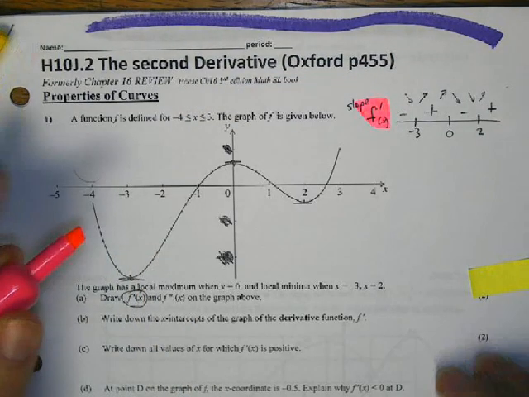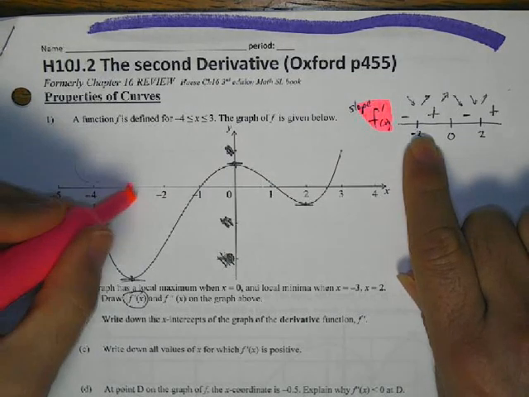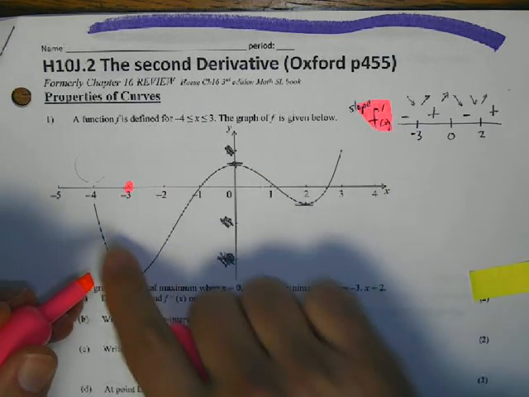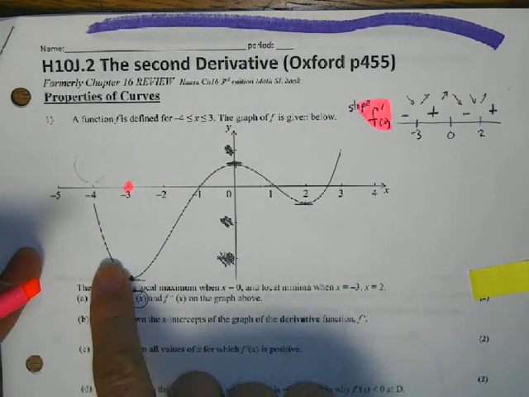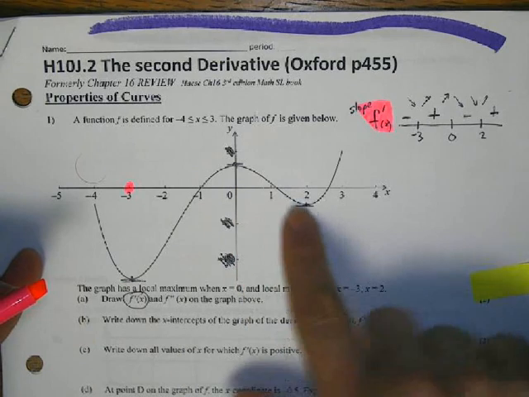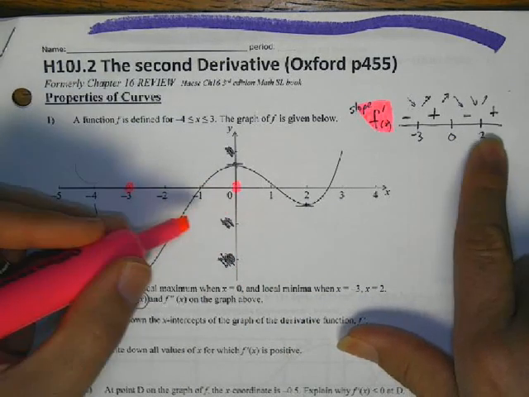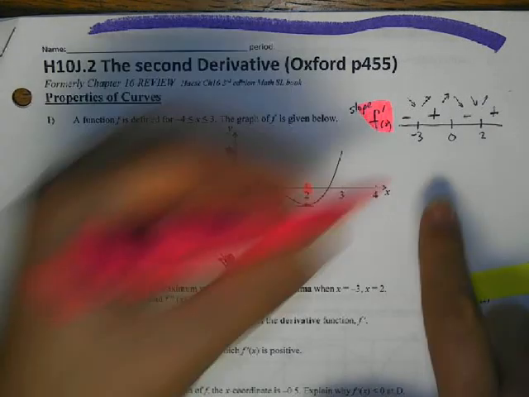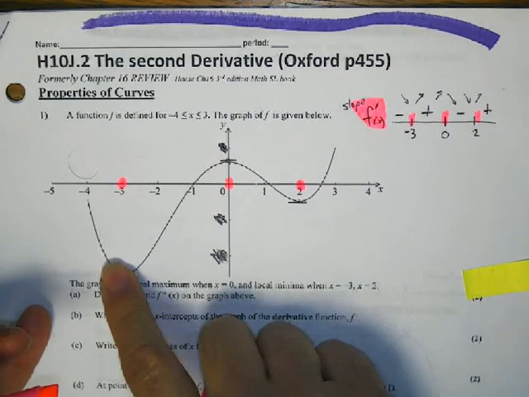So if I'm making a graph of the first derivative, we know that at -3 the slope graph is going to be 0, because the derivative goes from negative, to positive, negative, and positive. So it's 0 at -3, 0, and 2.